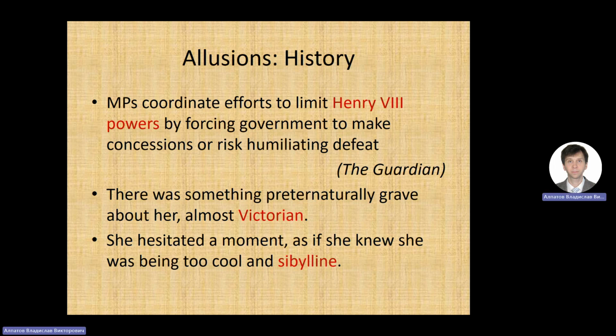In ancient Rome, sibyls were keepers of the hearth of a goddess, and they were not allowed to marry until they were 40. Yes, they had to be virgins. So they were sort of pagan priestesses of that goddess, and sibylline means too unapproachable.